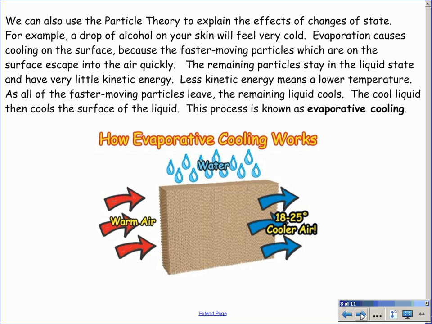The remaining particles stay in the liquid state and have very little kinetic energy. Less kinetic energy means a lower temperature as all of the faster moving particles leave. The remaining liquid cools. Cool liquid then cools the surface of the liquid. This process is known as evaporative cooling.